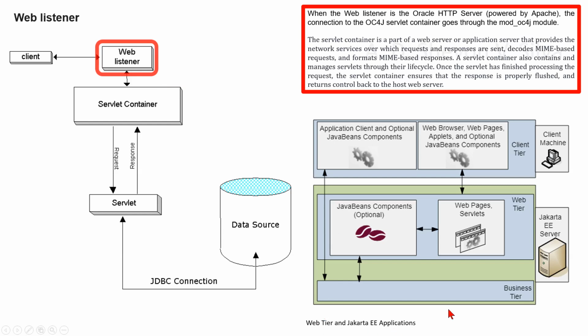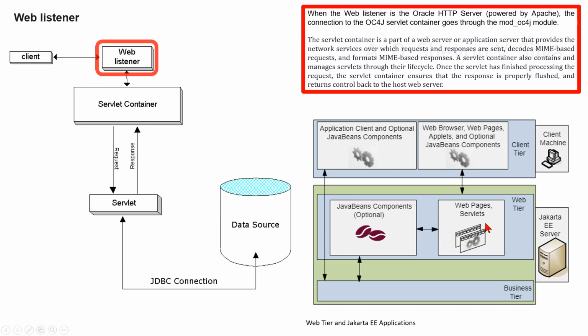Here you can see the web tier and Jakarta EE applications. Here, web components. Jakarta EE web components are either servlets or web pages created using Jakarta Faces technology or Jakarta Server Pages technology.